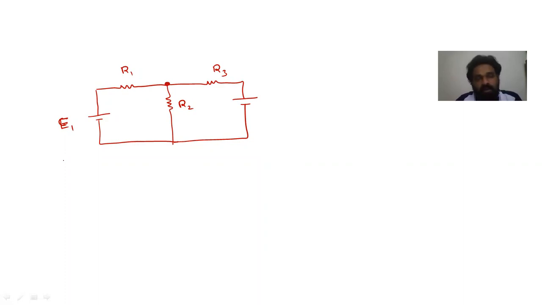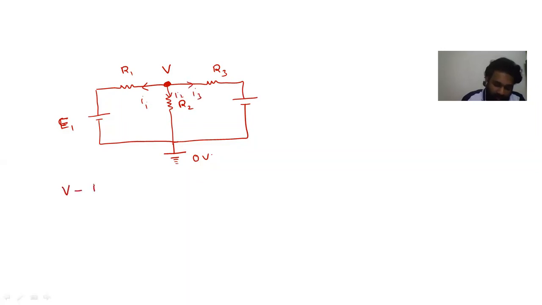So wherever mesh analysis is not compulsory, always we should choose nodal analysis. How to do nodal analysis? Suppose consider this as 0 voltage. Okay, we have connected to ground, and let's just take the node voltage as V. So then consider all the currents are going out, I1, I2, I3.